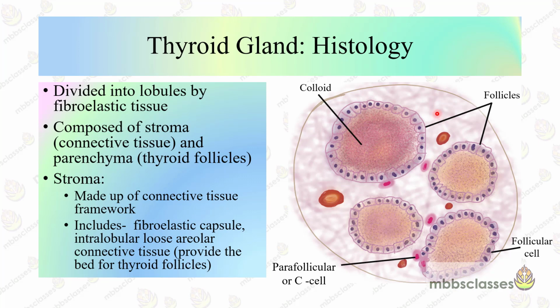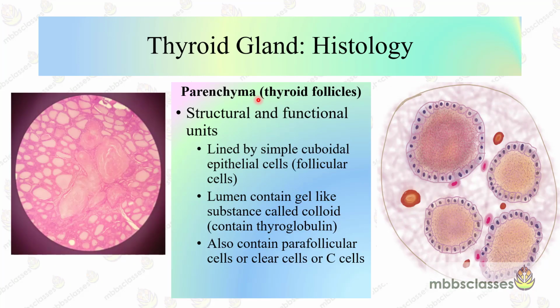The stroma is made of connective tissue that forms the framework of the gland, and this includes the fibroelastic capsule and intralobular loose areolar connective tissue that provides the bed for the thyroid follicles.